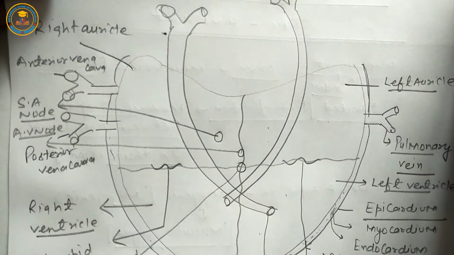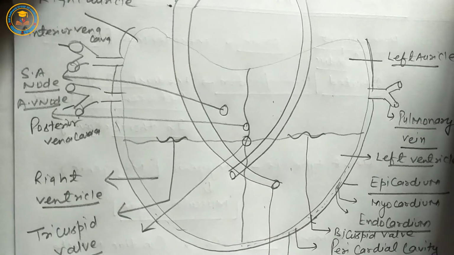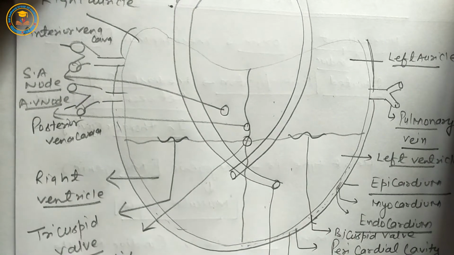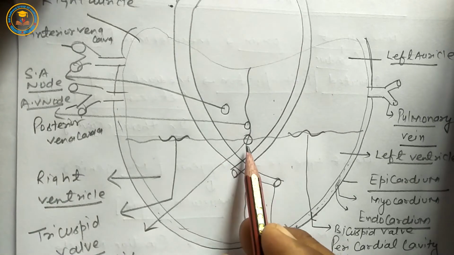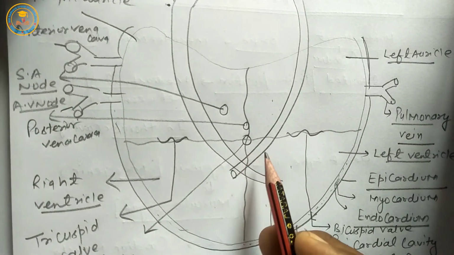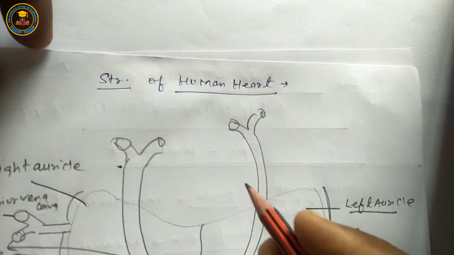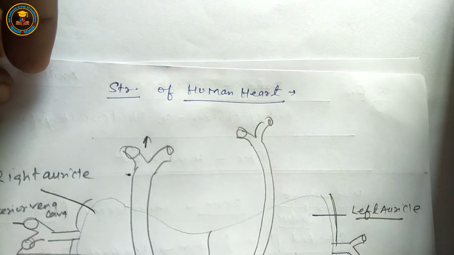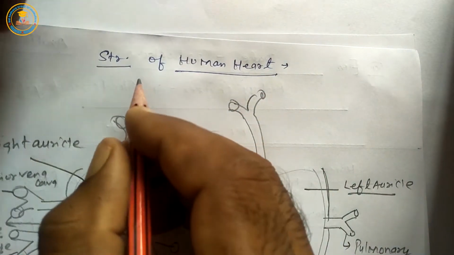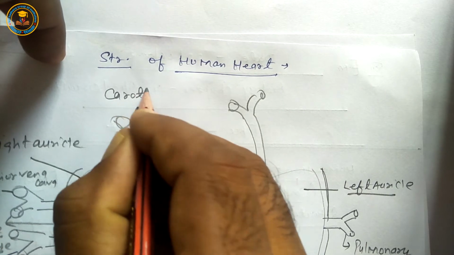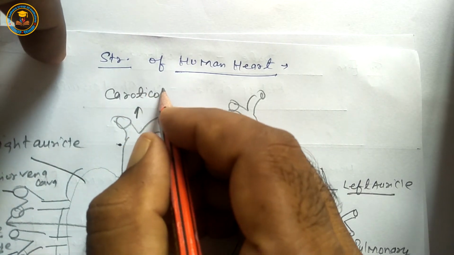This is fossa ovalis, but in embryonic stage this oval-like pore is open. It is called foramen ovale. Next is carotico. Once again, this is carotico systemic arch.